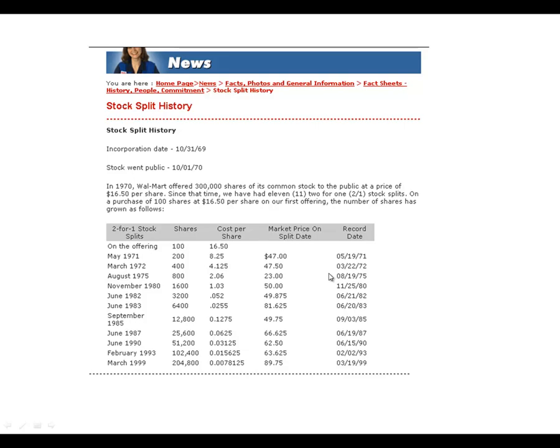So over the time, the 100 shares became 204,800 shares, and that's why the value of the investment that was $1,650 went up to around $12 million.